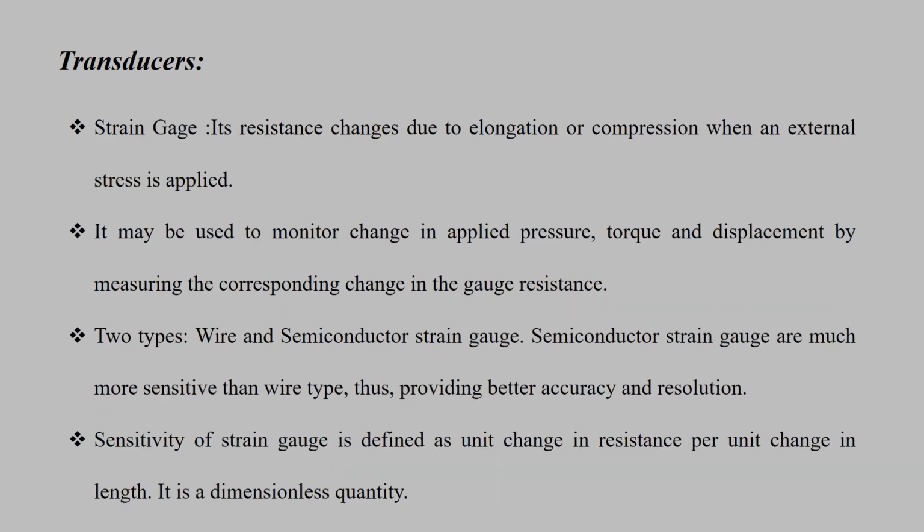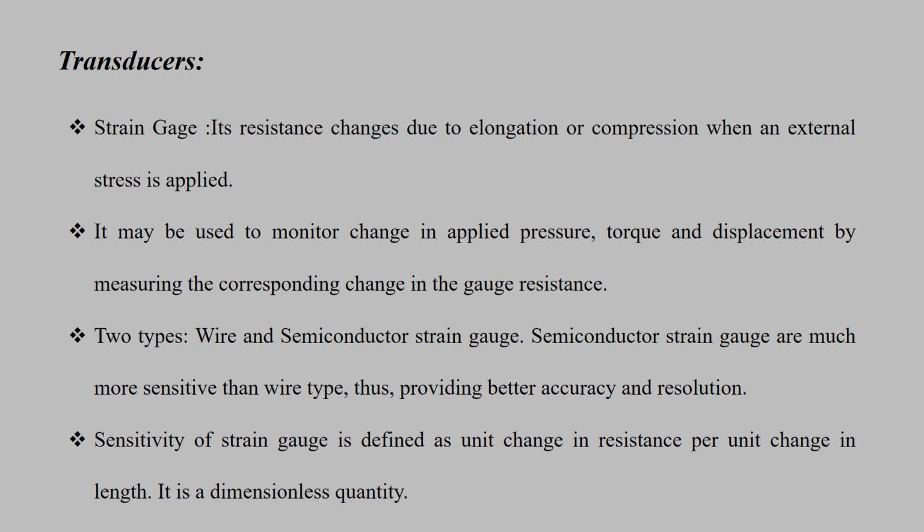One more important resistive transducer is the strain gauge, whose resistance changes due to elongation or compression of external stress. The stress is defined as a force per unit area and can be related to pressure, torque, or displacement.